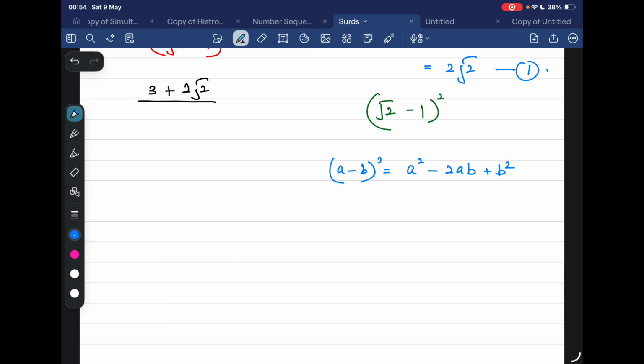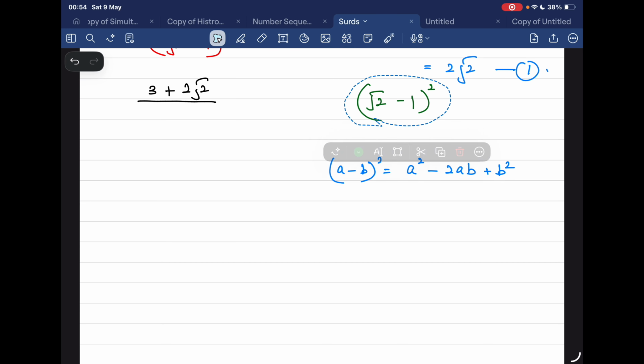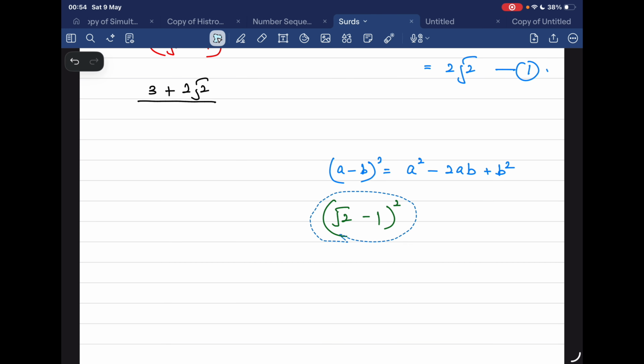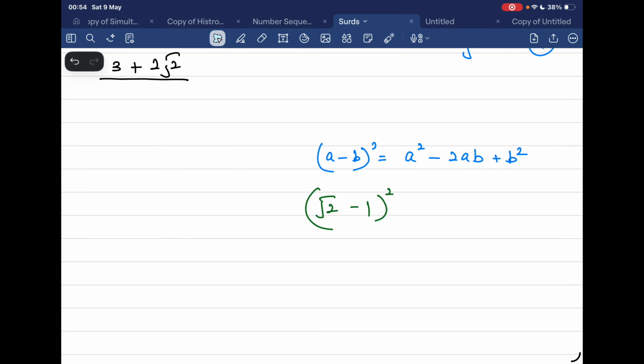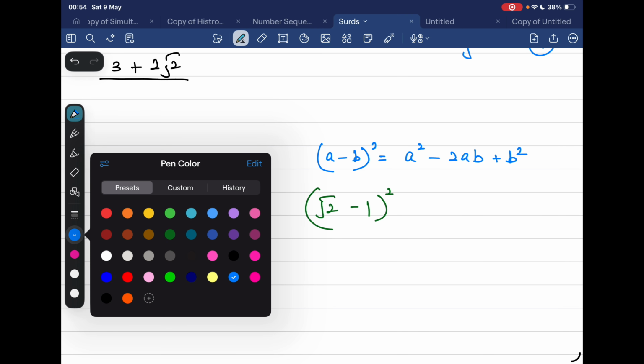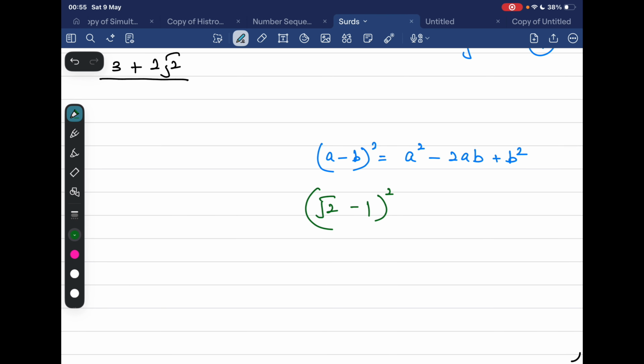So let's substitute the values. It's very easy. What's the first term?